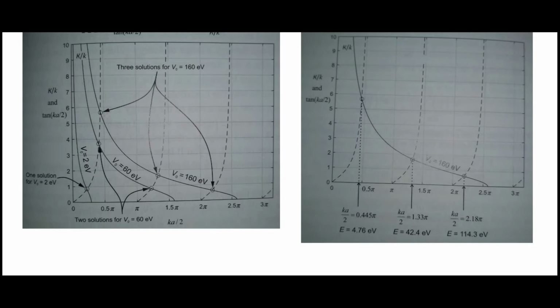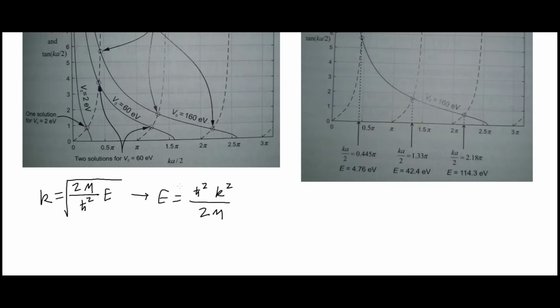And so as I said, the k is proportional to the energy. So k is equal to the square root of 2m over h bar squared times E. And if we square these and rearrange it, we have that E is equal to h bar squared k squared over 2m.